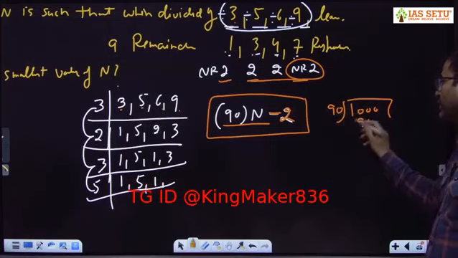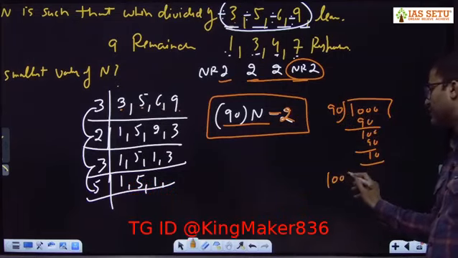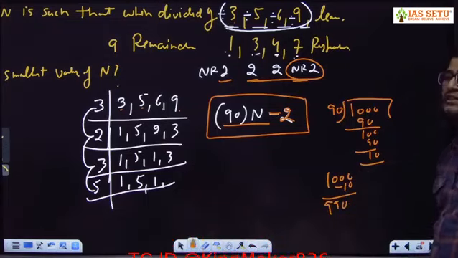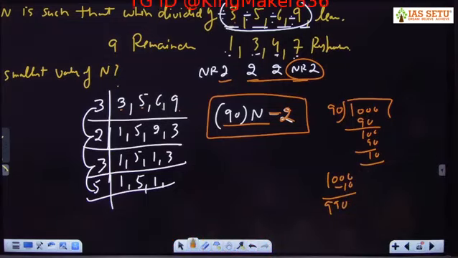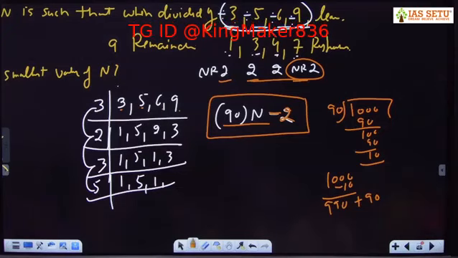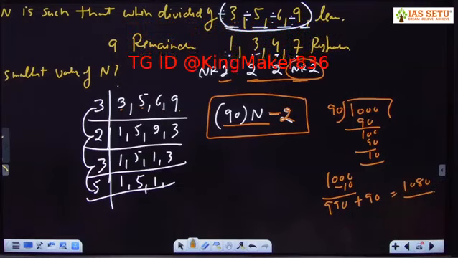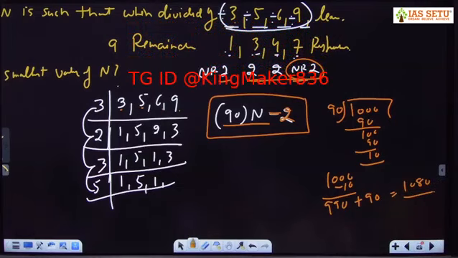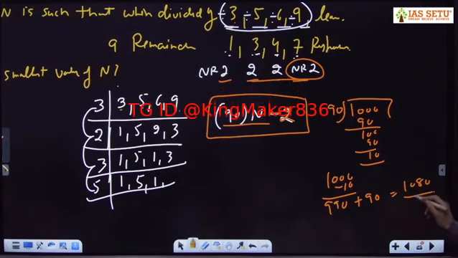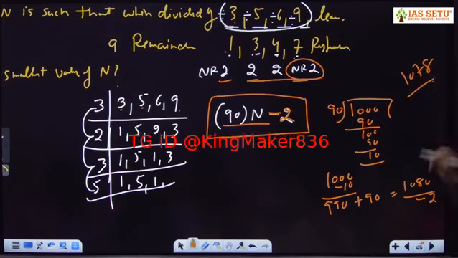You get quotient 11 and remainder 10. 1000 minus 10, you get 990. What went wrong here? It is a 3-digit number, but we are looking for the smallest 4-digit number. So add 90 once more, and it will work. So you get 1080. It means 1080 is the smallest 4-digit number which is exactly divisible by 90. But since it is a remainder question, minus 2, our required answer is 1078.